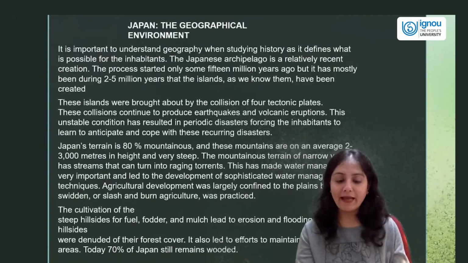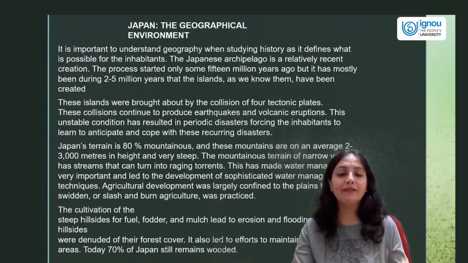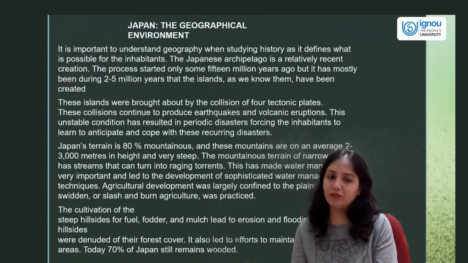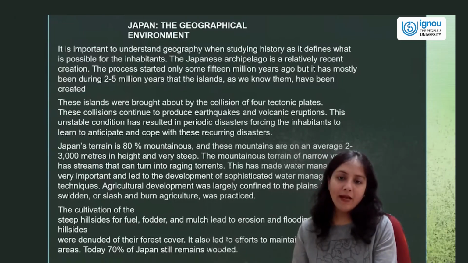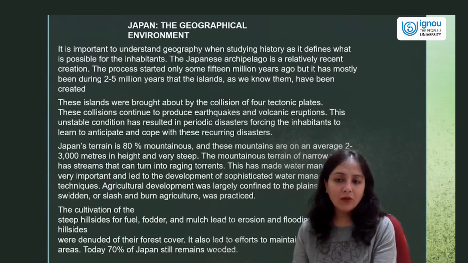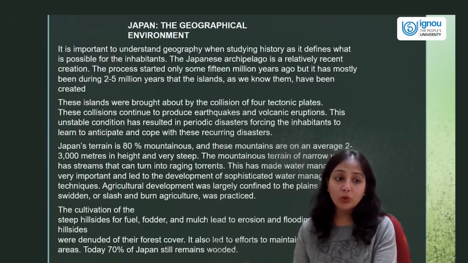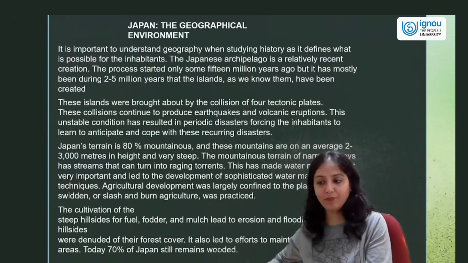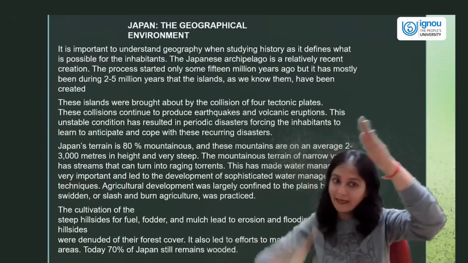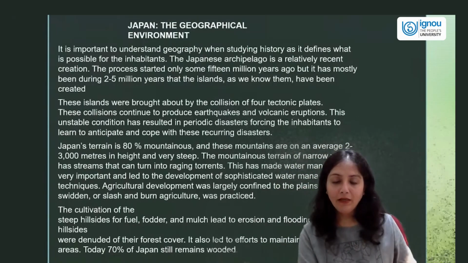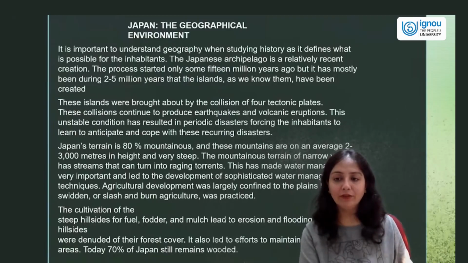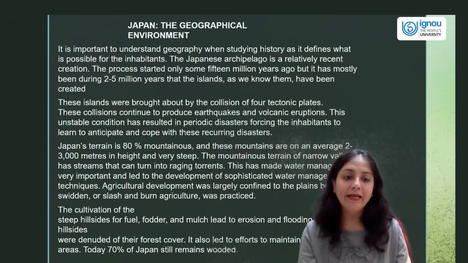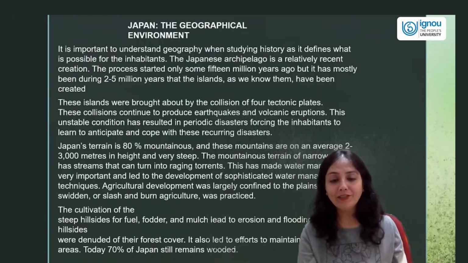Japan's terrain is 80% mountainous and 20% agricultural land. And these mountains are on an average 2 to 3,000 meters in height and very steep. Very steep means standing steep. The mountainous terrain has narrow valleys, and narrow valleys have streams that can turn into raging torrents.